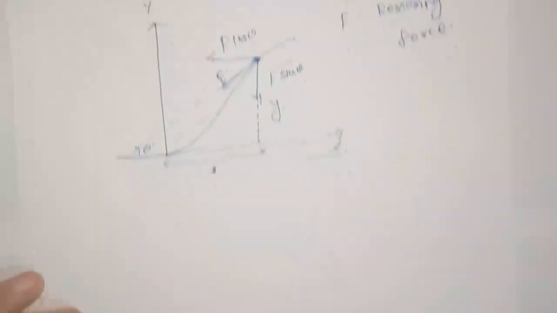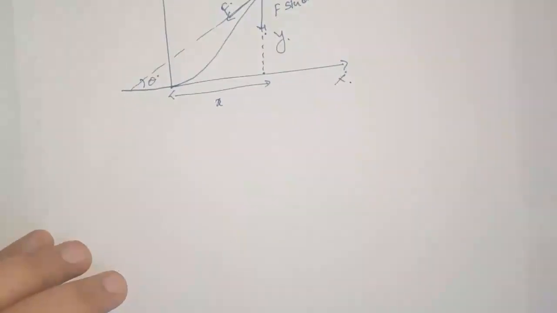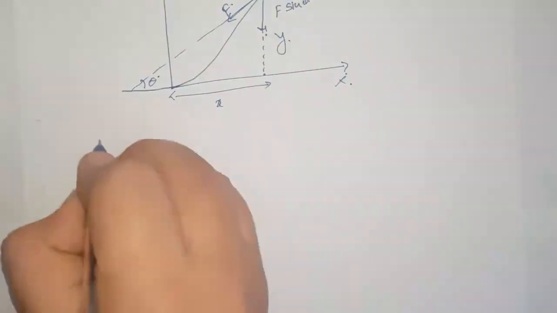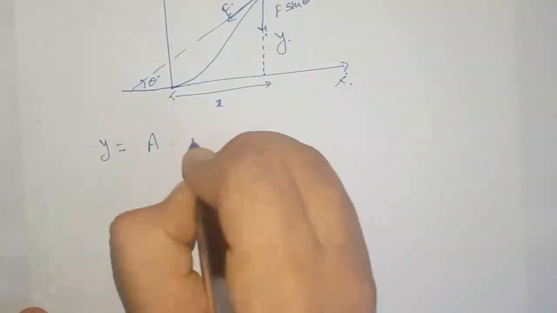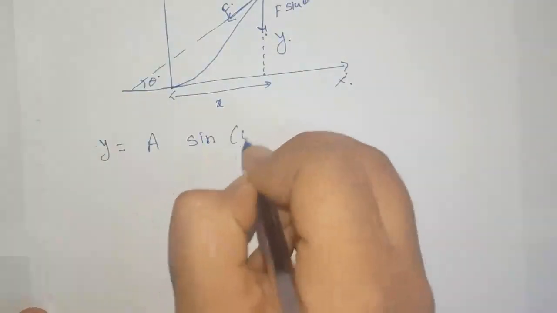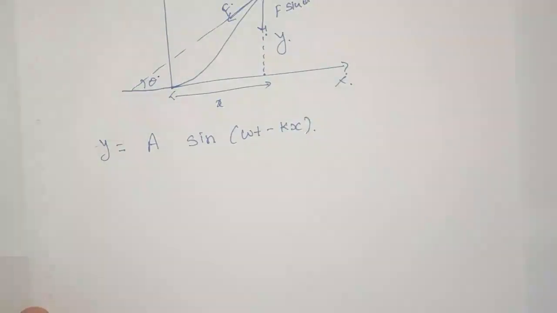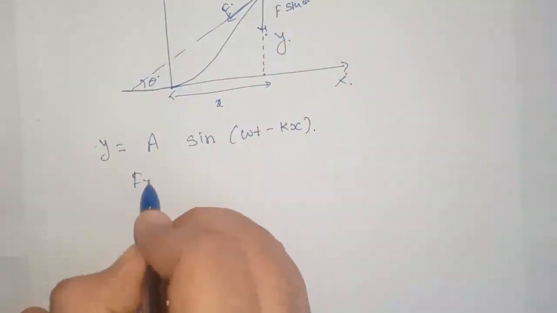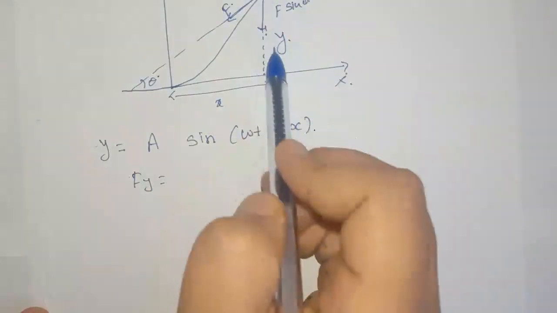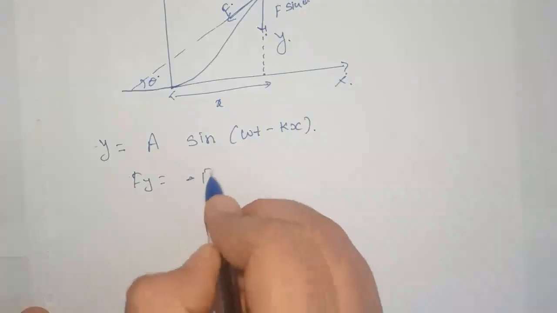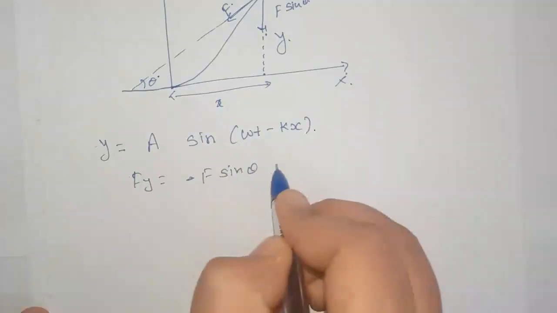Now we can write the equation of position as y is equal to a sine of omega t minus kx, and the component of force along y-axis is along negative y-axis, so that will be minus F sin theta.